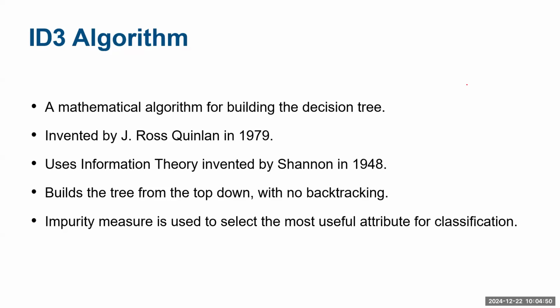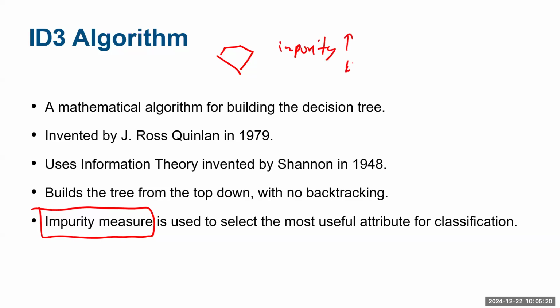The score for this algorithm is called impurity. When you think of impurity, think of a jewelry. A very expensive jewelry should have a high or low impurity?